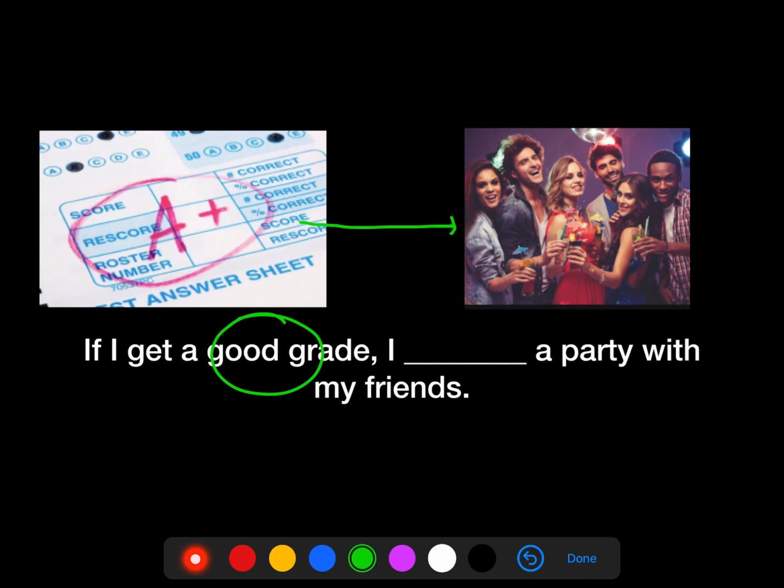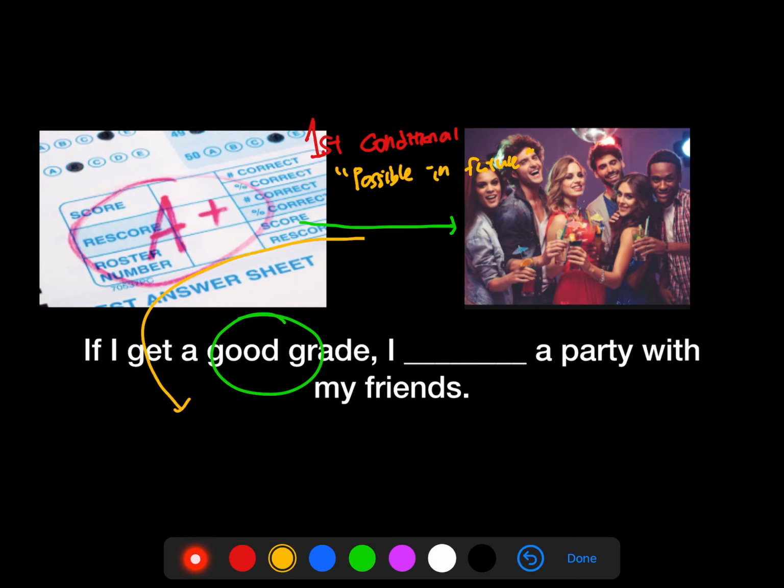So here's the hint. Which conditional would this be? It's first conditional. The key point of first conditional is possible in future. How can we structure the sentence?